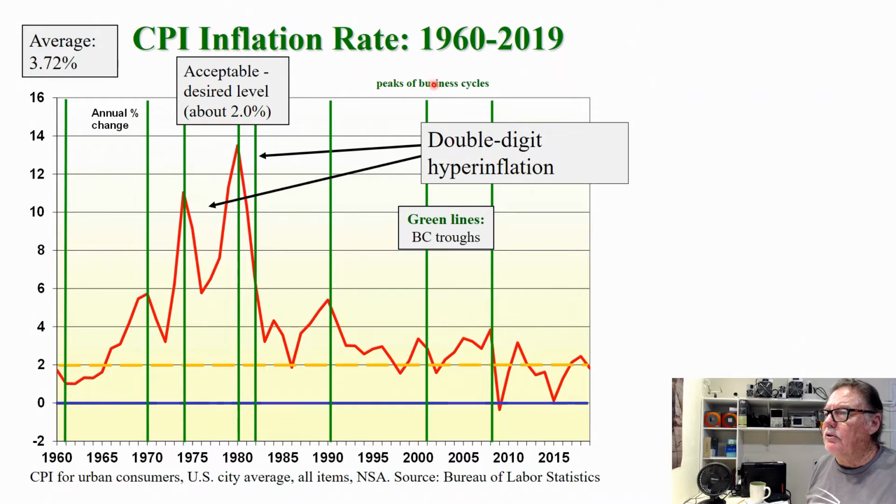I think on the original slide, which is layered in PowerPoint, I probably had peaks of business cycles earlier, and this just popped up because the layer was exposed. So anyway, this is the business cycle troughs.